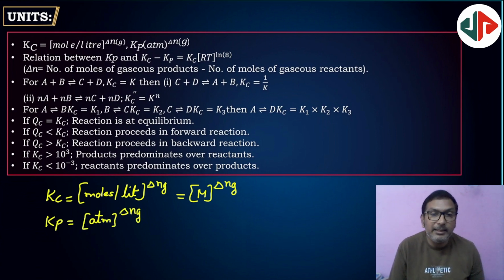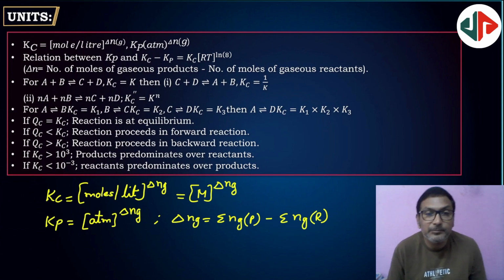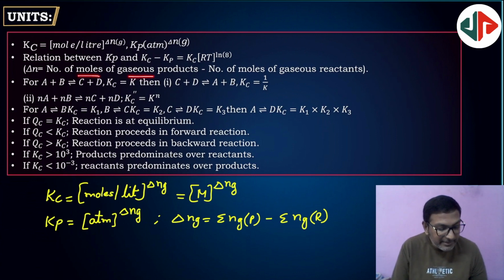Here delta ng is the difference in the number of moles of gaseous products minus the number of moles of gaseous reactants. Very important: the number of moles of gaseous products minus the number of moles of gaseous reactants.